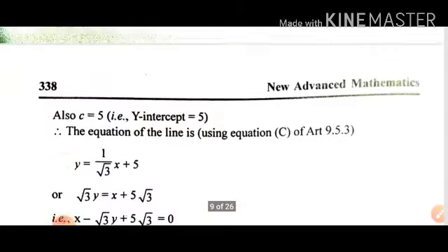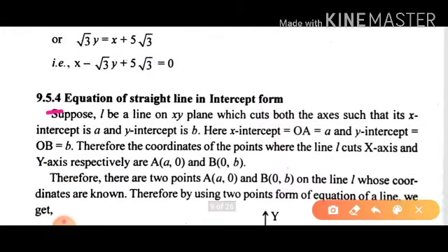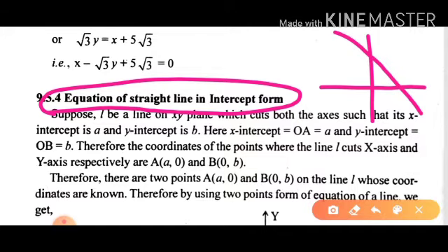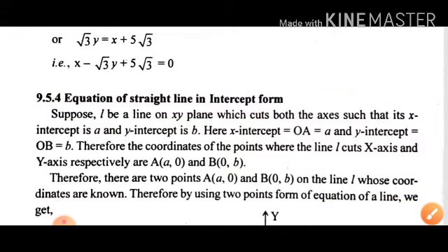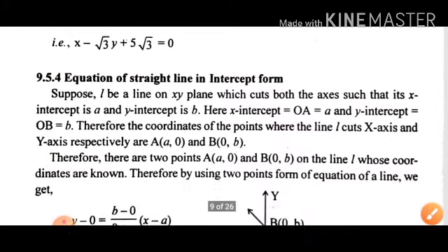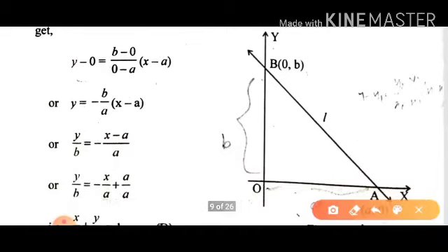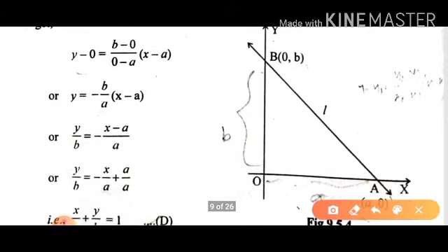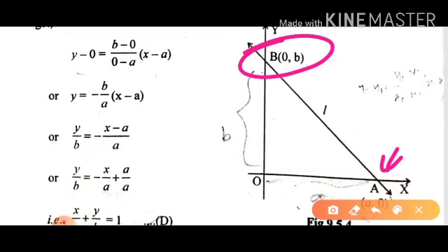Then we have the equation of a line in intercept form. In intercept form you have to remember, when it says intercept, that means this line intersects both the axes. And these points are given as a comma 0 and 0 comma b. If you see, this one is the point a comma 0, and this one is the point 0 comma b.